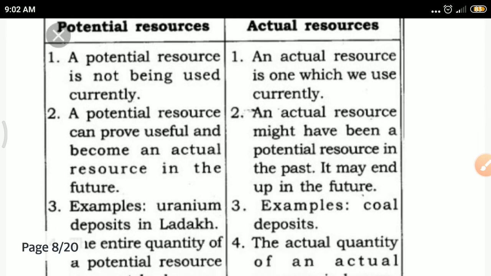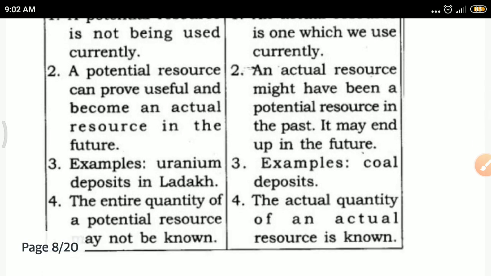A potential resource can prove useful and become an actual resource in the future. For future time we may use that kind of resource, but an actual resource might have been a potential resource in the past, and presently it is being used, and it may end up in the future. Those resources are called actual resources.